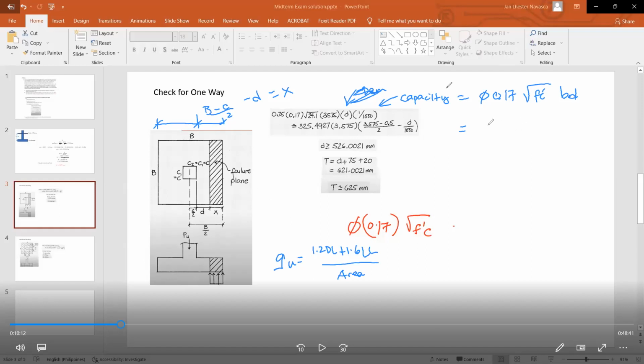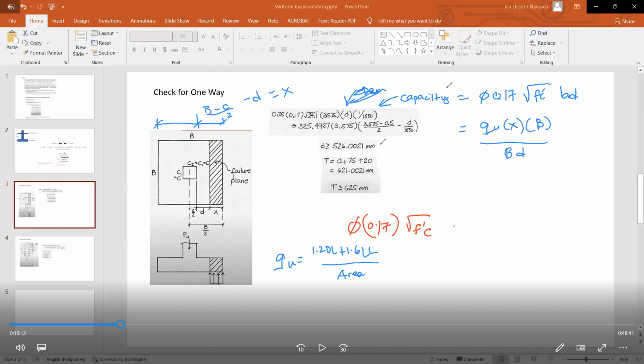So, your QU, multiply it to your X distance, multiplied it to your B distance. QU times X times B, you now have your force. Ito na yung total force mo. Divide it to the shear stress, which is yung B times yung D, di ba?